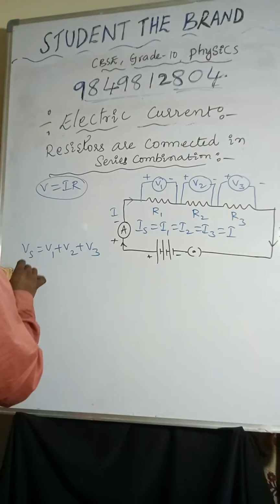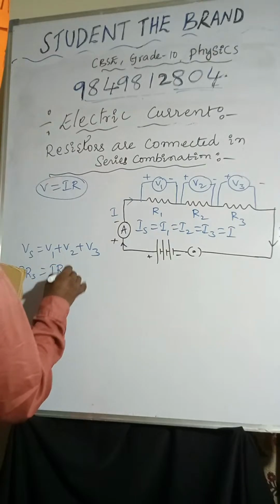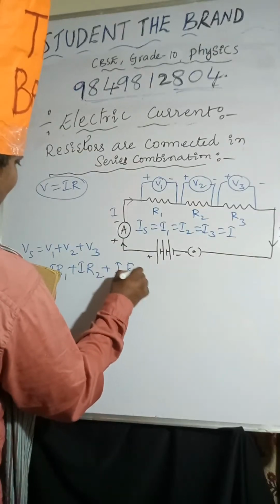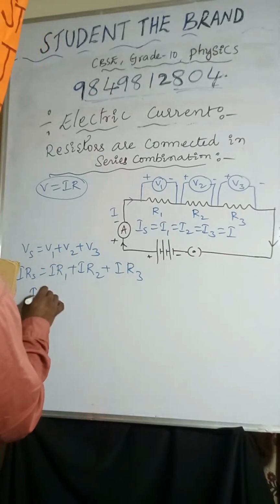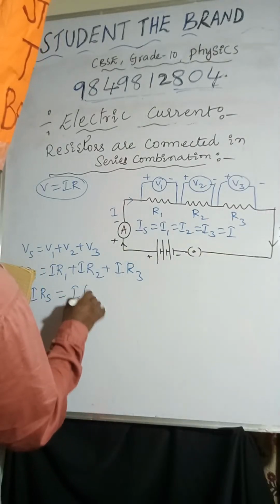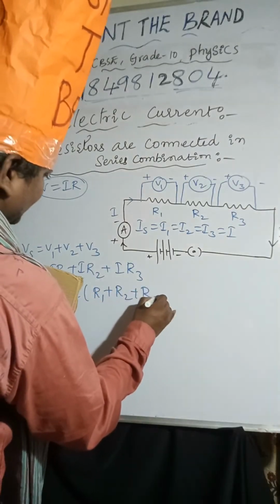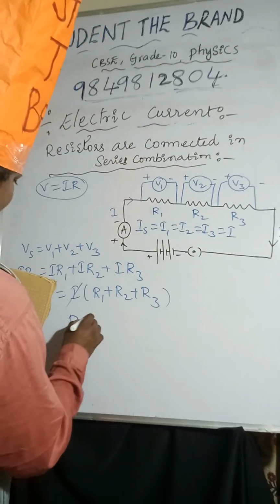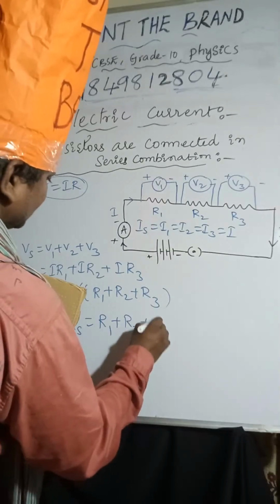So IRs equal to IR1 plus IR2 plus IR3. Here we can take I common, and the remaining values are R1 plus R2 plus R3. We can cancel I, then the remaining value is Rs equal to R1 plus R2 plus R3.